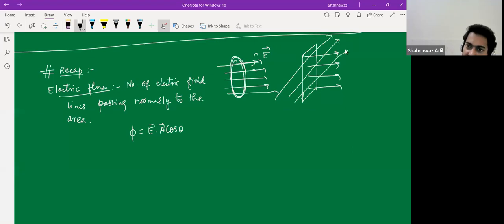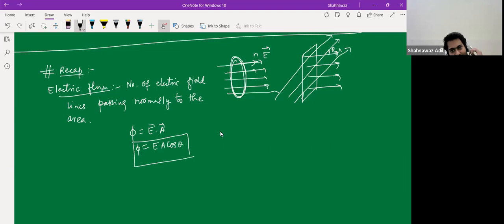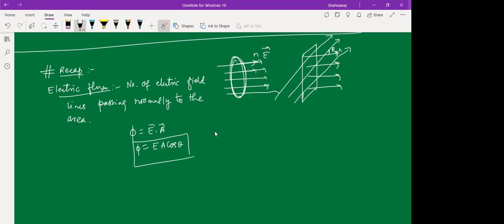So this is making an angle theta with this normal. So then this cos theta. Right, we discussed this in the previous class. Okay, guys. Yes, sir.